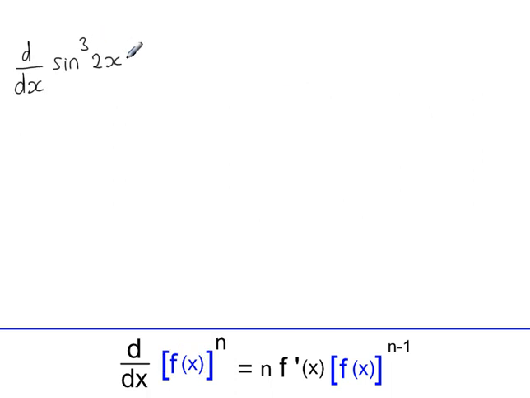Differentiating sine cubed 2x, which is the same as sine 2x in brackets cubed. So we can still use this formula. You can see the function inside the brackets is sine 2x, and n, the power, is 3.